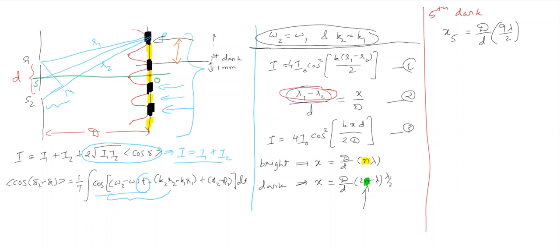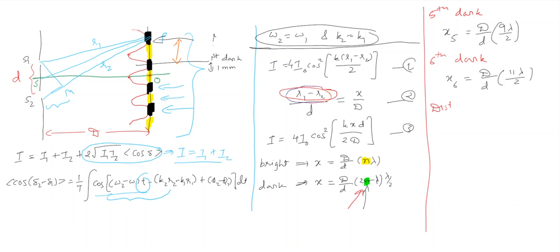Similarly, for the 6th dark, the position of the 6th dark is x6, D by d, 11 lambda by 2. In this equation, you may take n to be 6, and it will be 11 by 2 lambda.